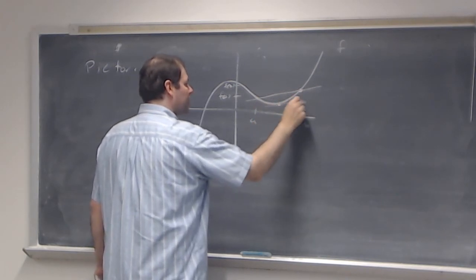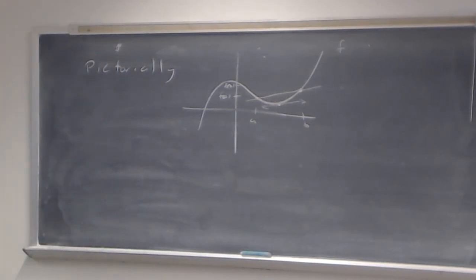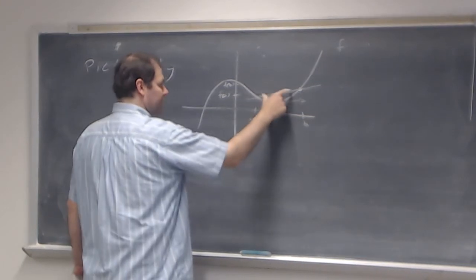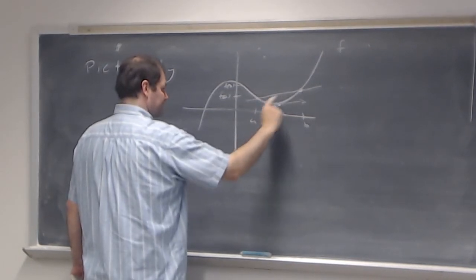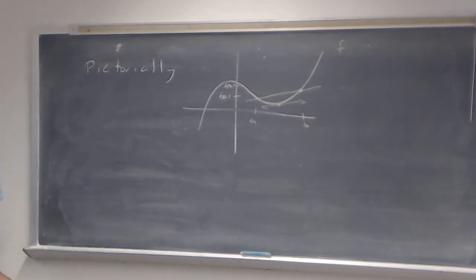So we're saying the slope of the curve, because that's what the derivative can represent, is the same as the slope of the line at some point. The slope of this curve at some point is the same as the slope of this line connecting those 2 points. That's what the mean value theorem is saying.